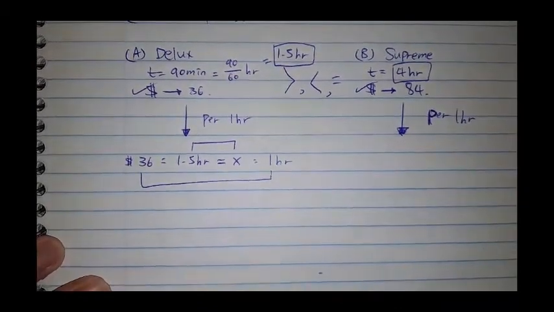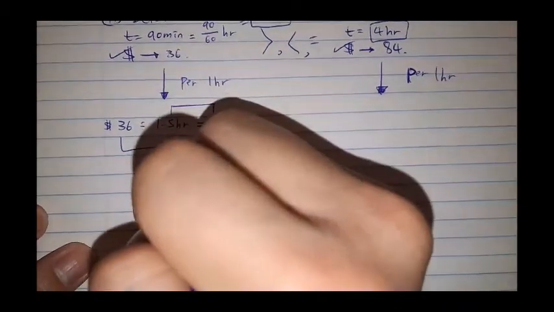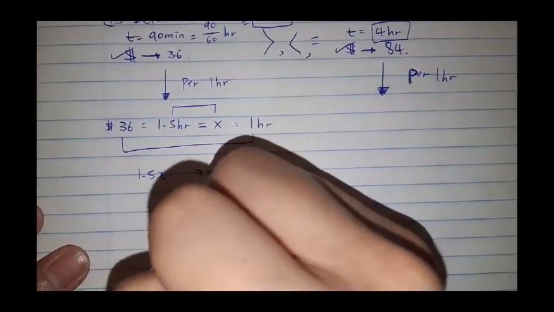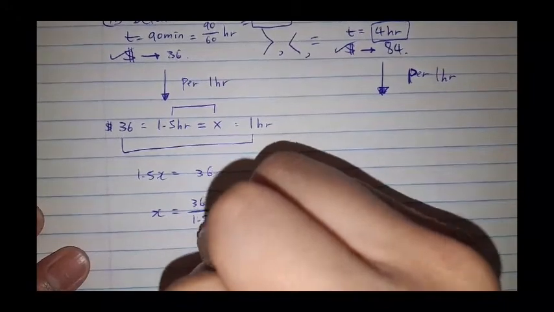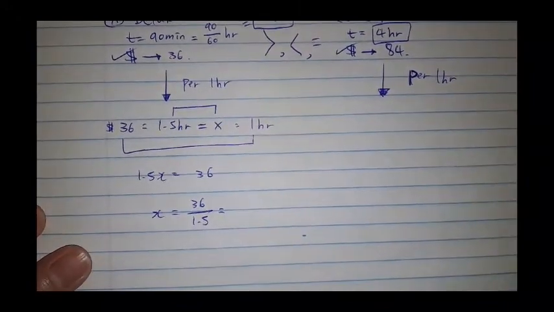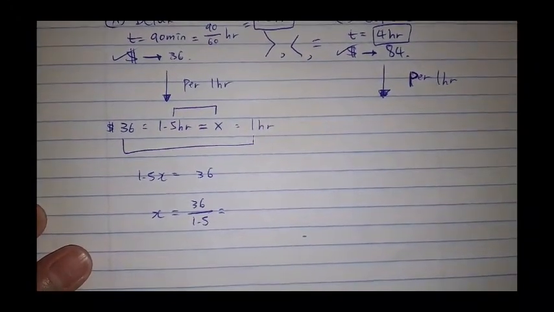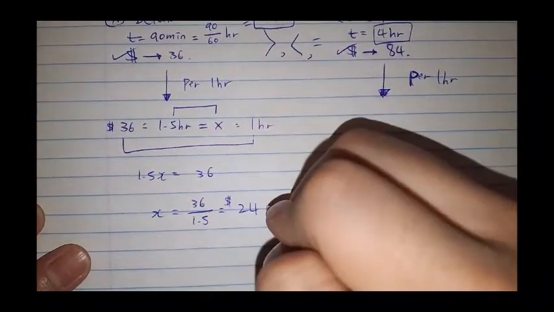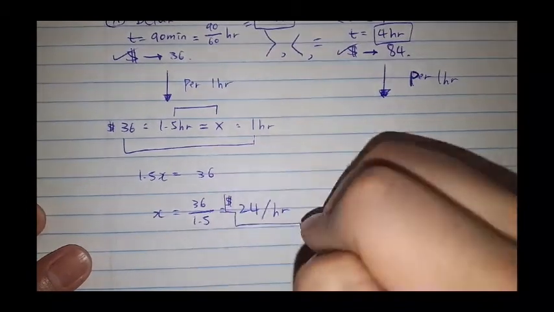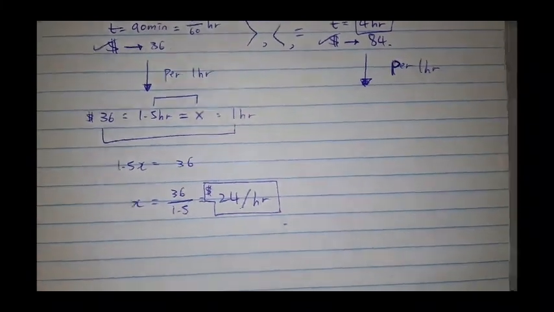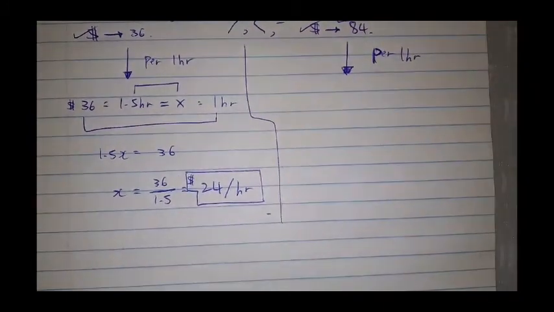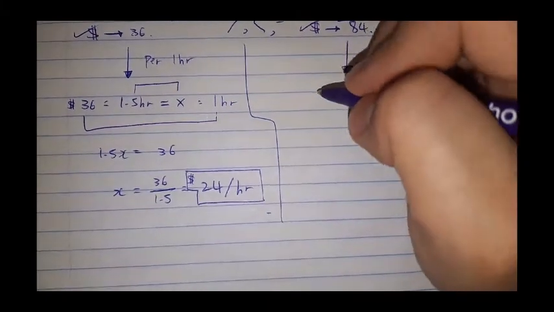I'm using a proportional ratio like we all know. 1.5x is equal to 36. Then you need to do 36 divided by 1.5. Then you get to the conclusion: it is $24 per hour. That is the Deluxe package.